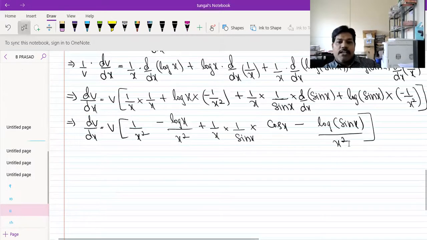I observe that each term has x square in the denominator, so I will take x square as the LCM.